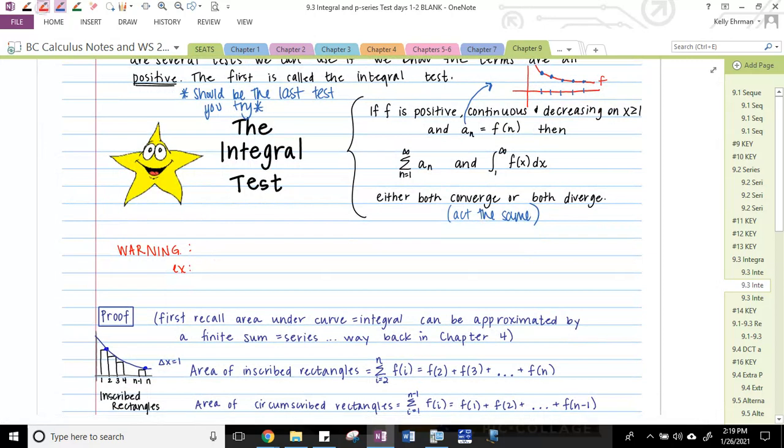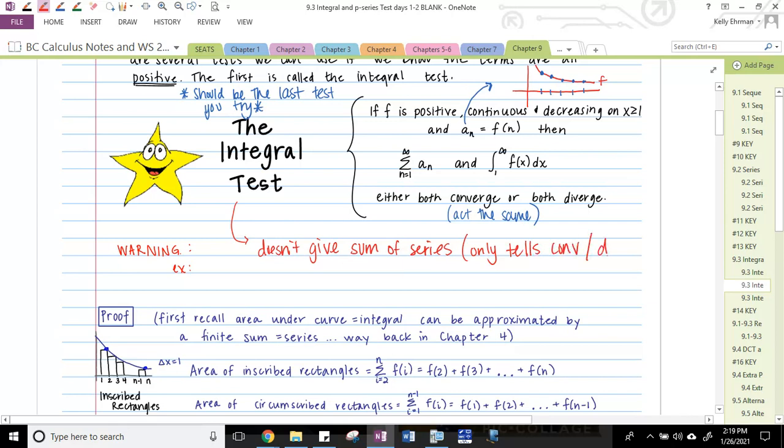So warning here, the integral test doesn't give the sum of the series. It only tells you converge or diverge.